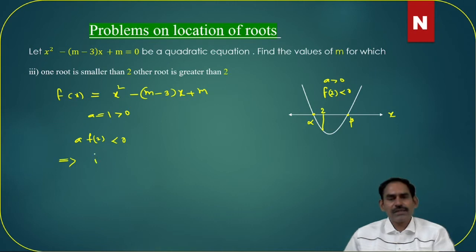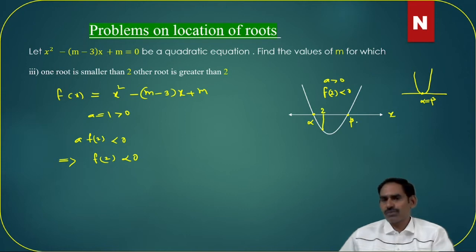That implies f of 2 is less than 0. Here we are not including this diagram. Why? Because one root is greater than 2, other root is smaller than 2, but in this case alpha beta coincide. Here one root is smaller and the other root is greater than 2. That's why we can't include this graph.